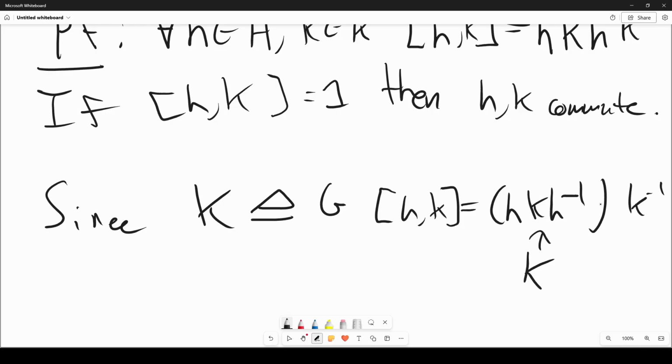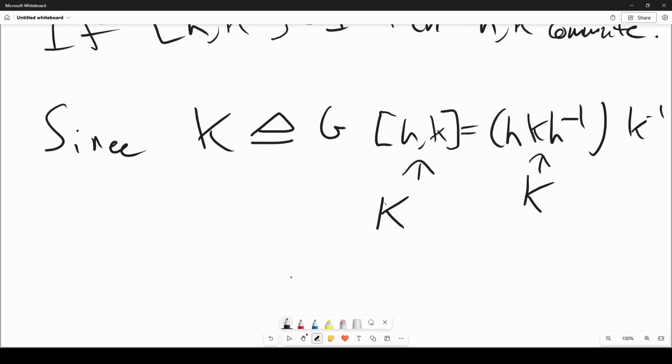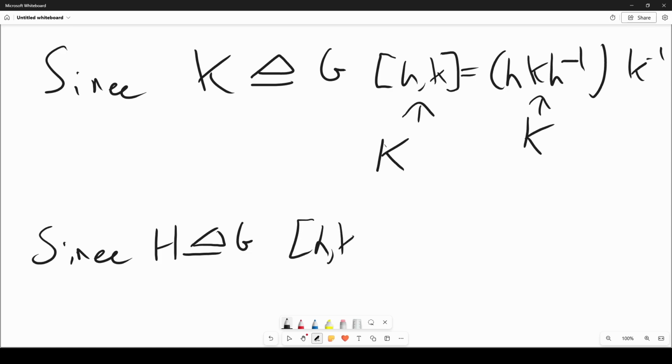So I have something in K times k inverse, so I get that [h, k] is also in K, since it's just two elements in K multiplied by each other. But similarly, since H is normal in G, the commutator [h, k] equals h times (k h inverse k inverse).